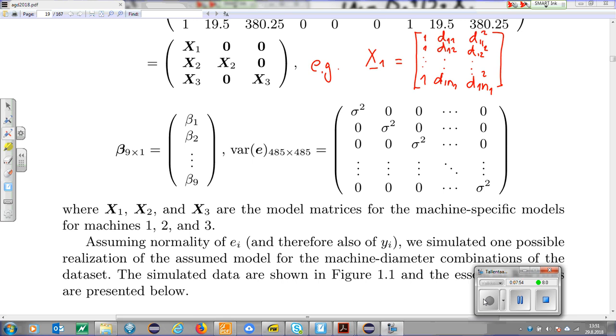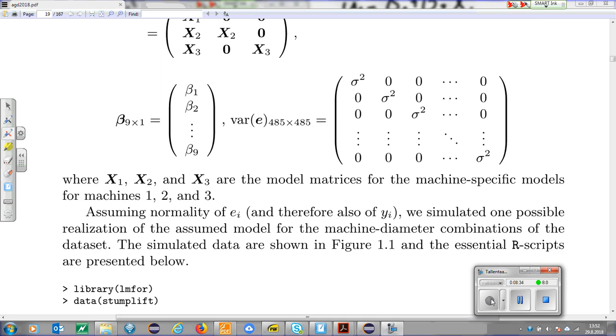Here in my notation, d11 means the diameter of machine 1 and tree 1, and nr1 means that it is the last observation processed by using machine 1, and the third column includes those diameters squared. And this is how we could specify the model matrix x1 and corresponding matrices for x2 and x3, and now the model matrix is of this particular form.